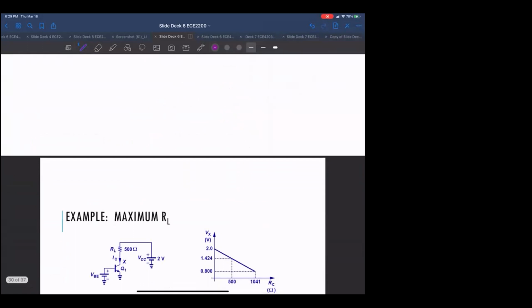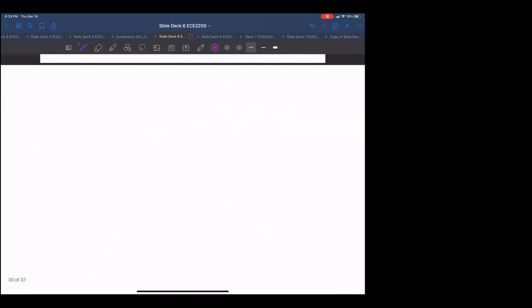It's asking us, if we had a circuit with a 500 ohm resistor and a 2 volt supply, with VBE of 0.8.